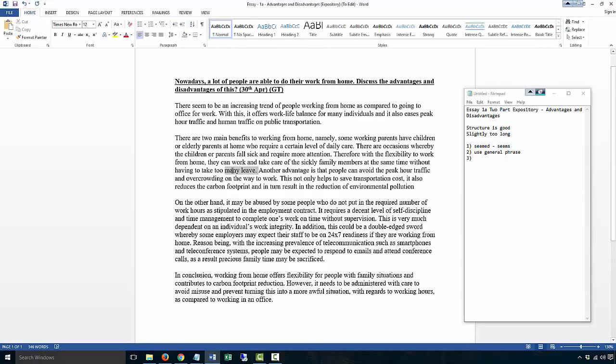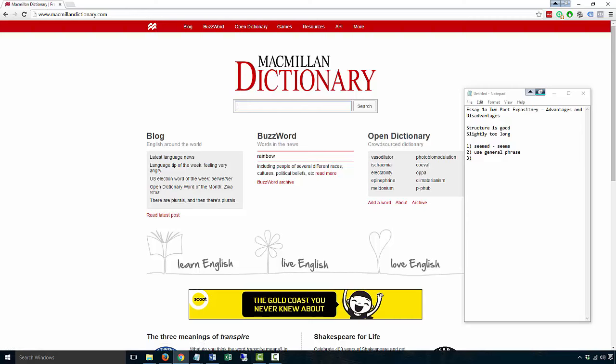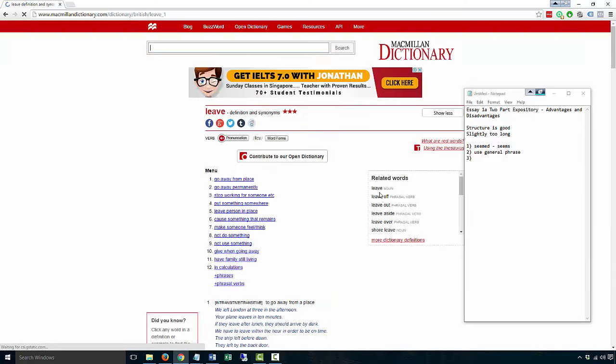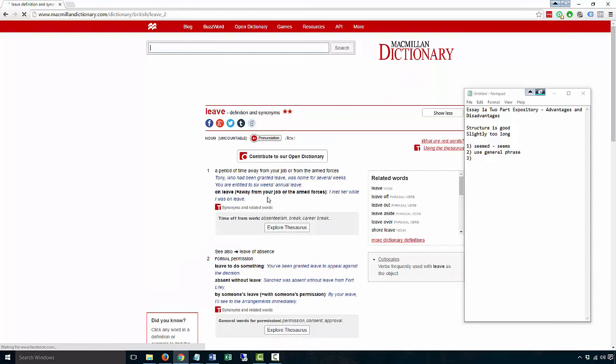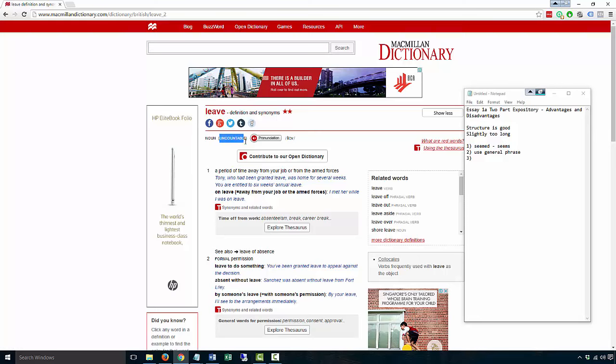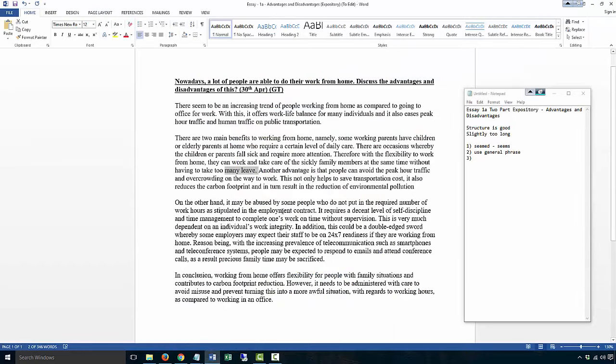Okay, so leave, all right. Let's look at the word leave, because you're using leave as a noun. This is like taking time off work. Firstly, it is uncountable. So you don't say, I took 2 leaves. No, you just say I took leave, because the way you're using this word, it is uncountable.